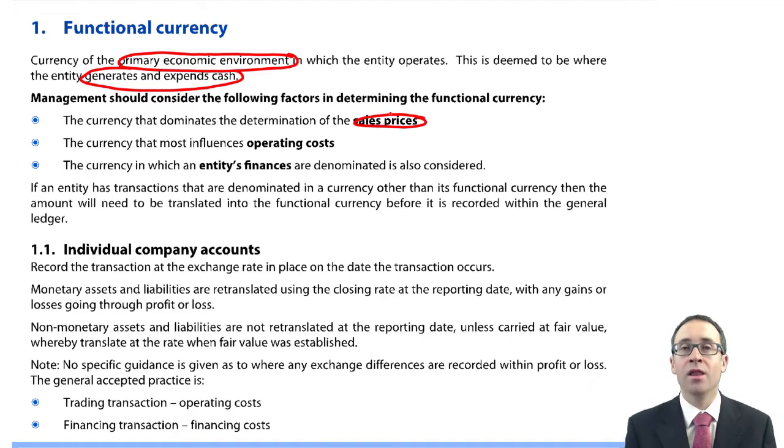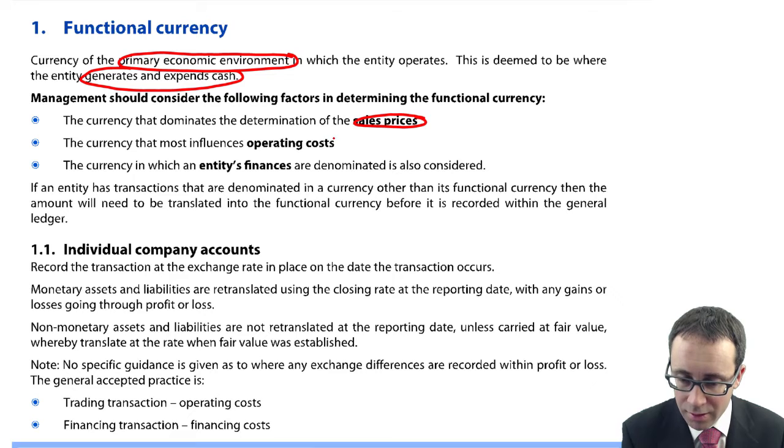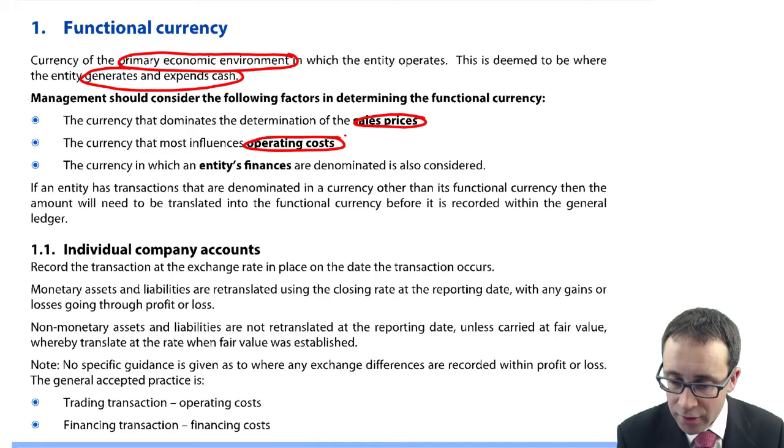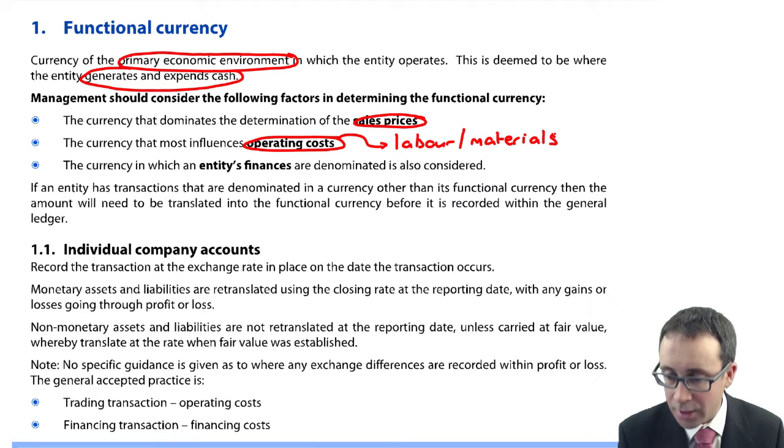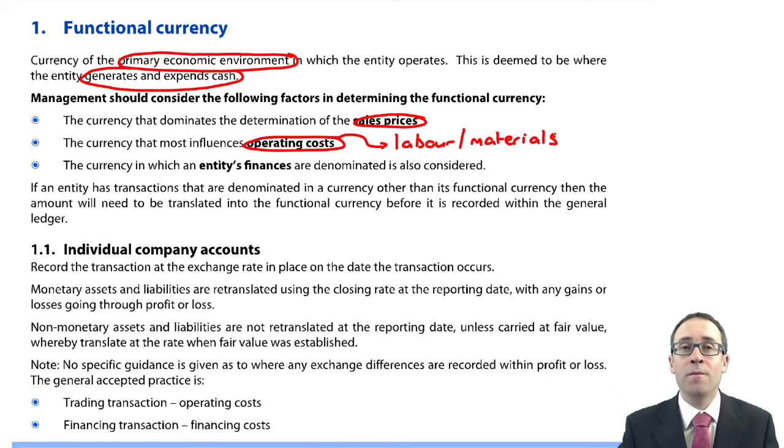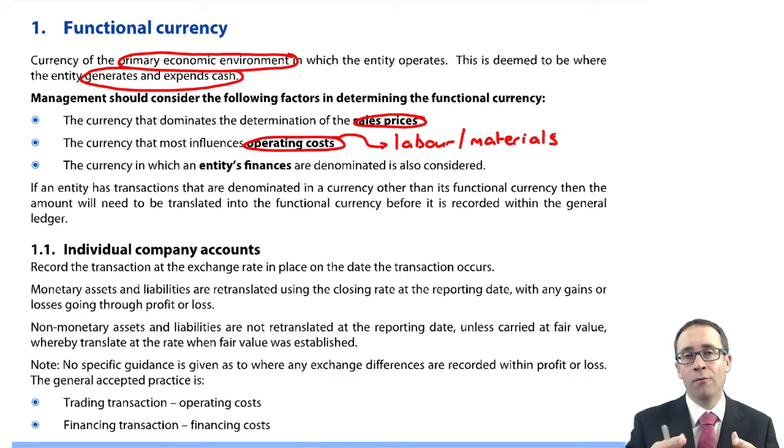So the first bit is looking at what your sales price is denominated in. Then we look at the currency that influences your operating costs, primarily your labour and your materials. It could be that you pay your local labour force in the local currency, but you might import raw materials from overseas, and those raw materials may be invoiced in dollars.